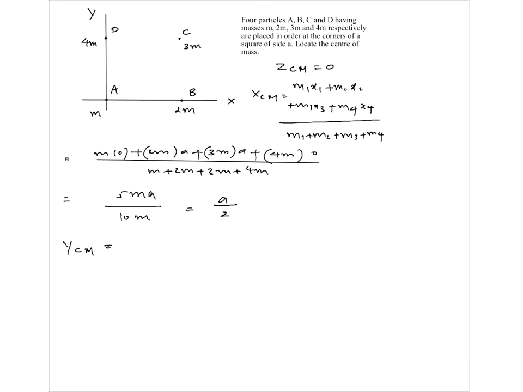A by 2 is not possible. Heavy things are towards the top side. If the pen is heavy on one direction, you will have to take your finger to that side. So 3M and 4M are towards the upper side. So YCM clearly must be more than A by 2.